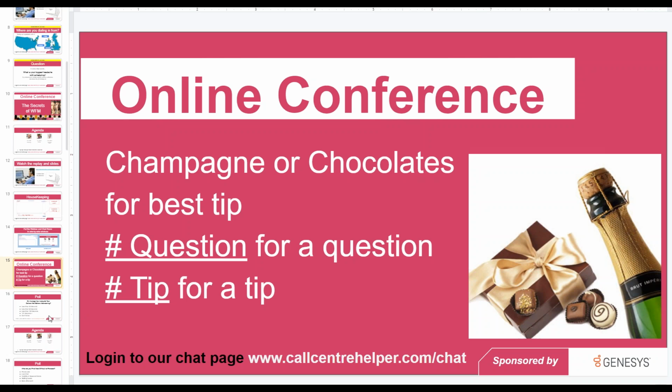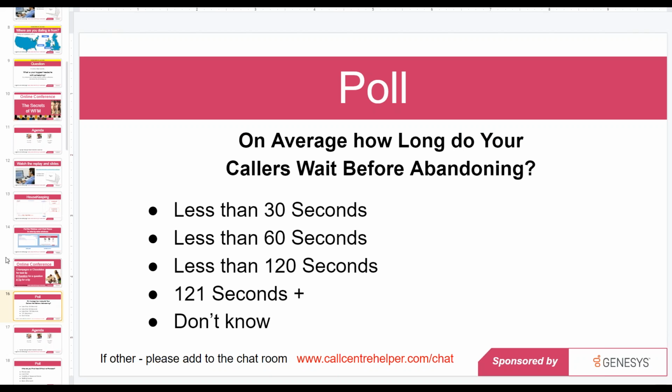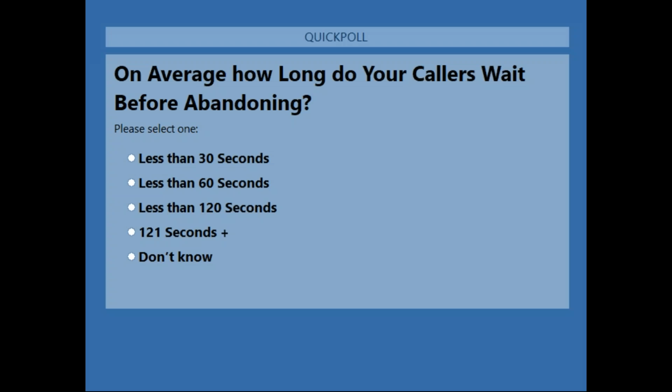Before we get going, I want to start with a poll. On average, how long do your callers in your contact center wait before they abandon, before they hang up? Is it less than 30 seconds? Less than 60 seconds? Less than 120 seconds? Or more than 121 seconds, so 2 minutes or longer?